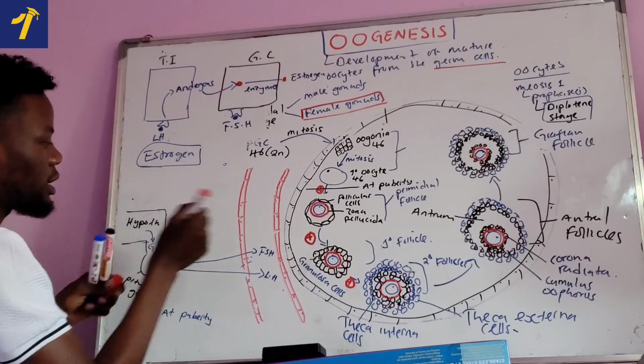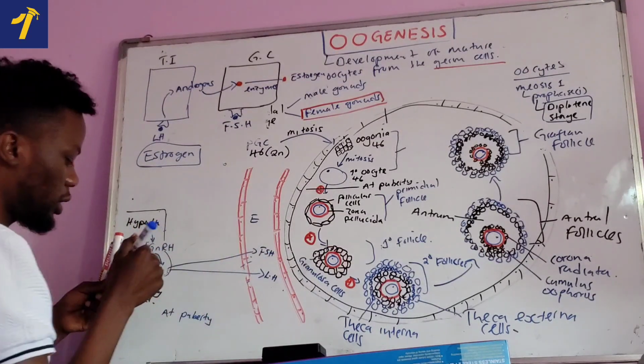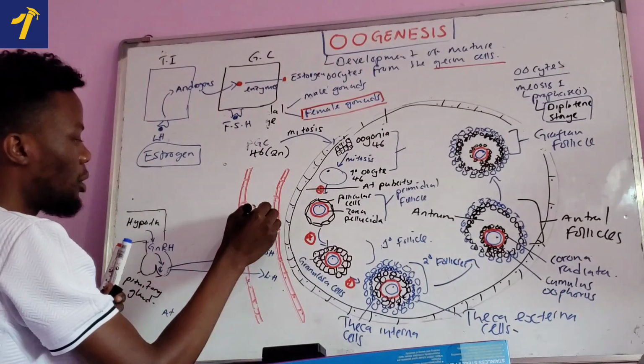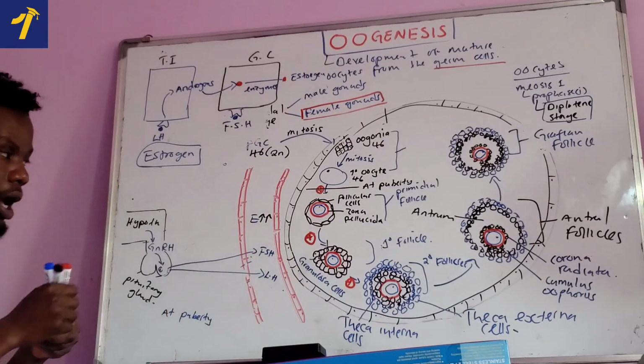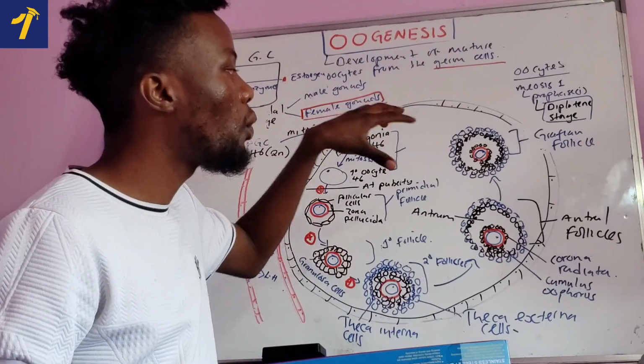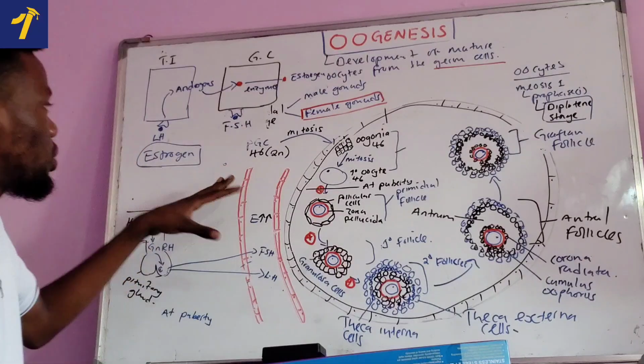Okay? So if this is estrogen, the amount of estrogen in blood will go up. It's going to increase massively. Why? Because now the Graafian follicle has matured and is producing a lot of estrogen by this process that we talked about.